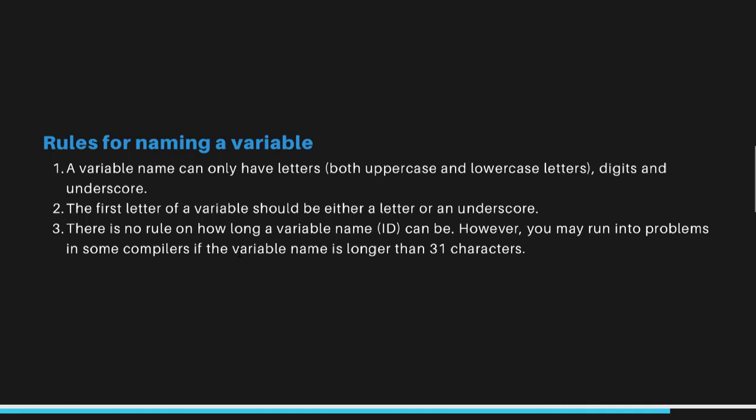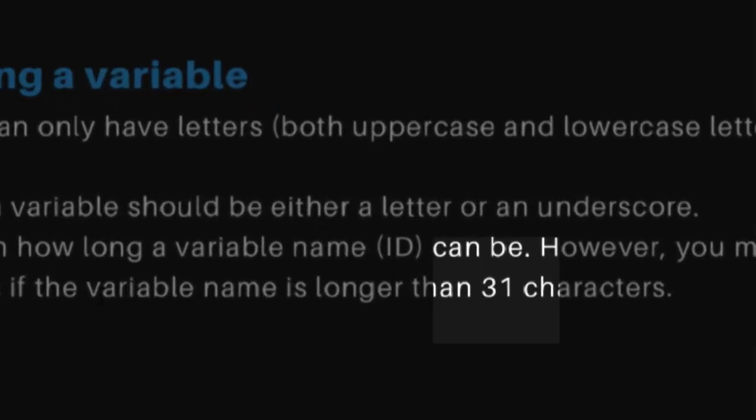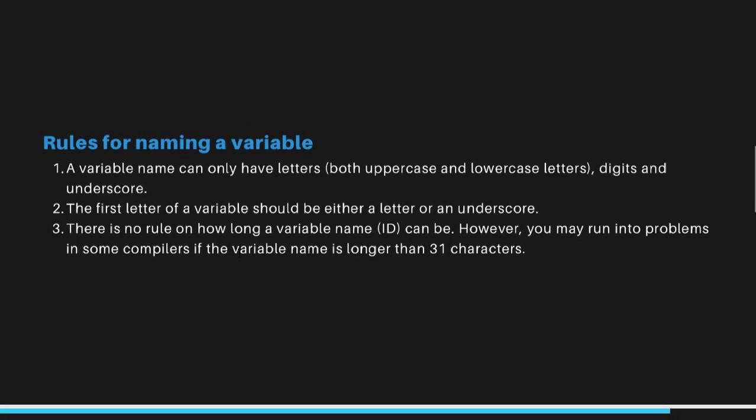3. There is no rule on how long the variable name should be. You could make it as long as possible, but some modern compilers restrict it to at least 30 or 31 characters, which is good because it reduces the memory usage, and it also helps make the code run faster, because naming a variable with a very long text takes time for the compiler to get the name and find a value in it.